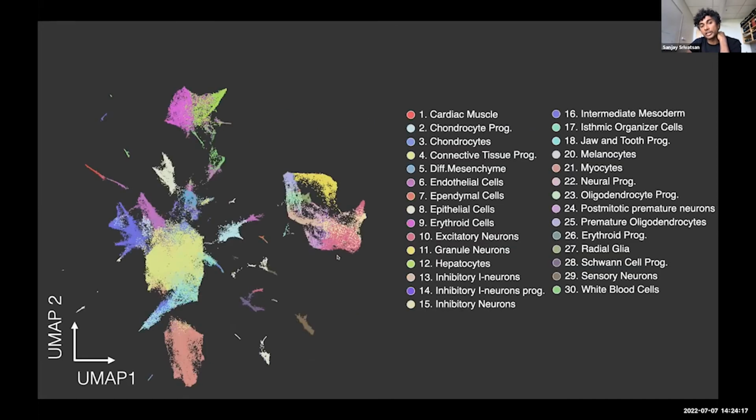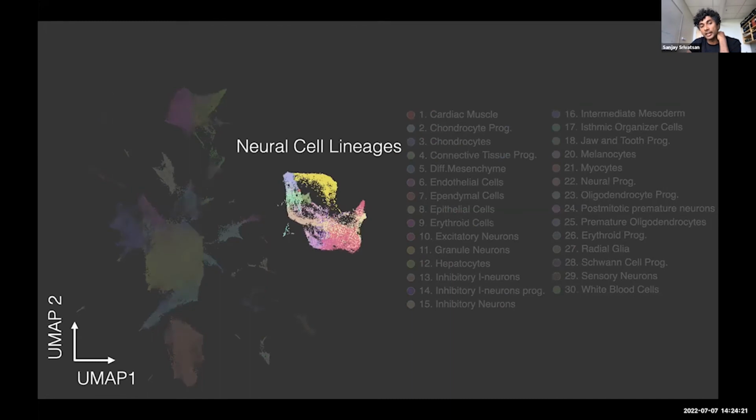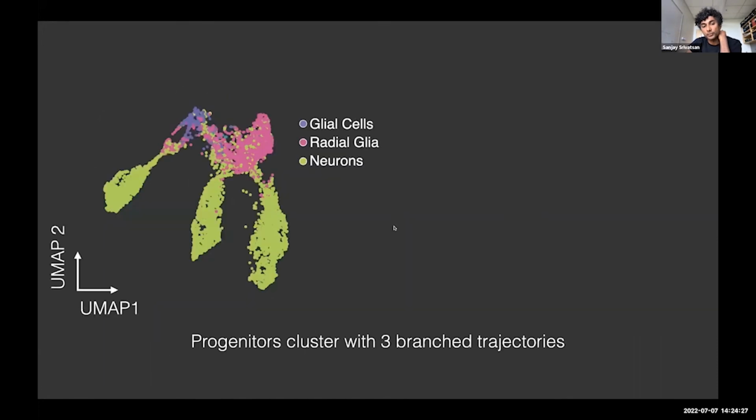For example, I'm going to focus in on this set of neural cell lineages and walk you through, again, why having this spatial information is so important. If we break this area down and re-embed it, it takes this structure where you have these progenitors here, which are radial glia, and you have 3 different types of neurons.